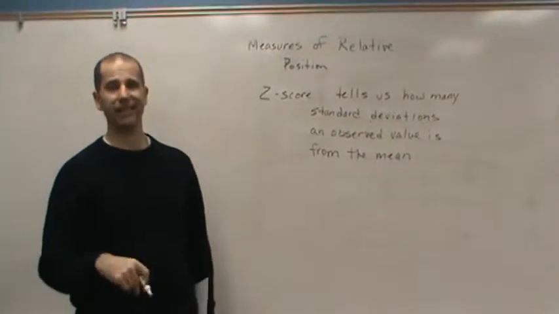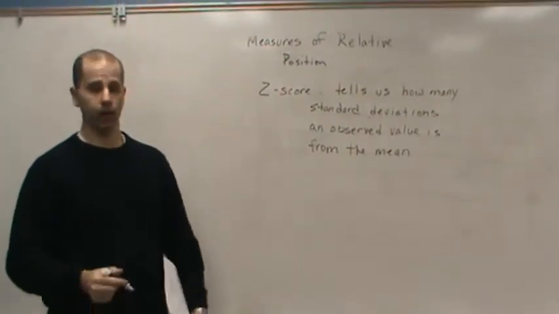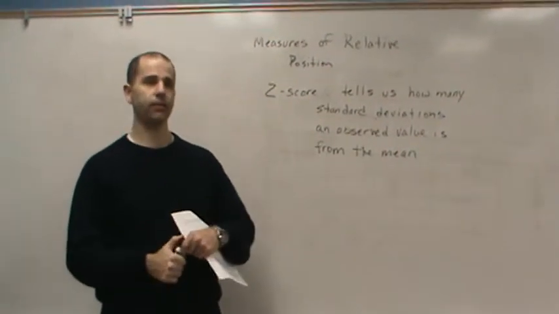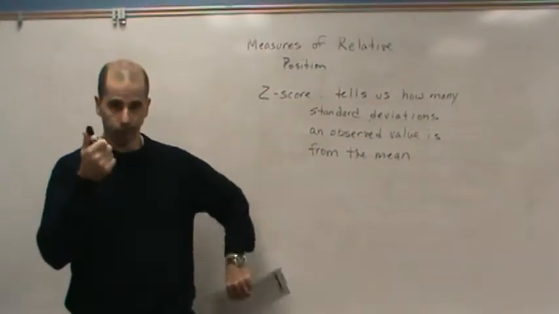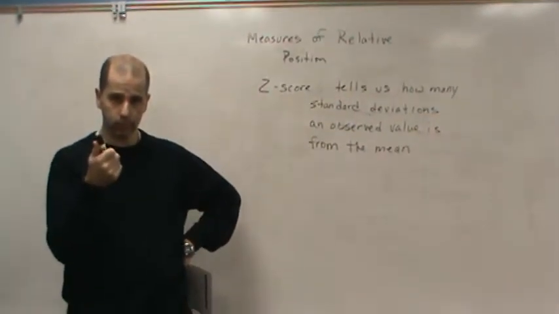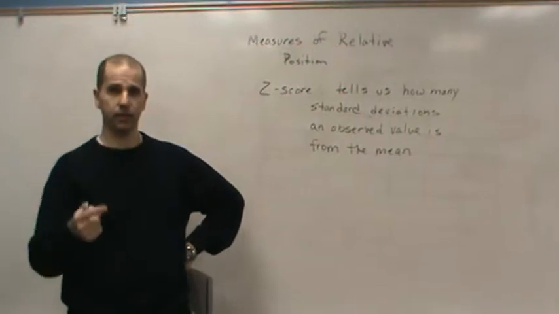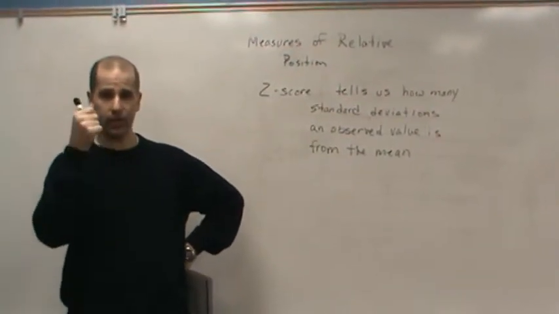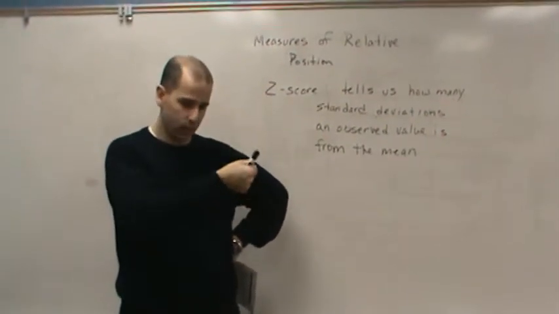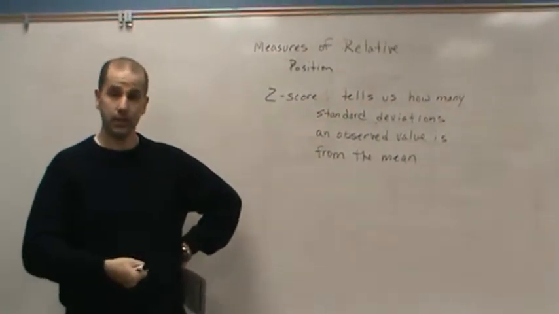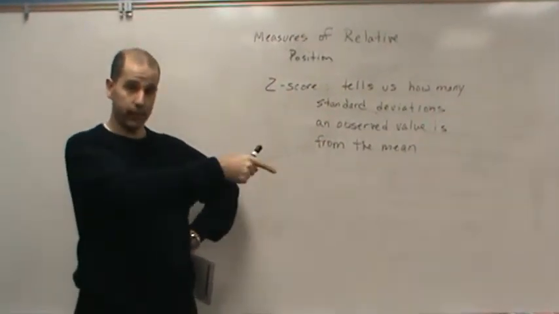Think of the z-score like a ruler. You're taking this ruler based on the standard deviations and measuring how many standard deviations a particular observed value is from the mean.